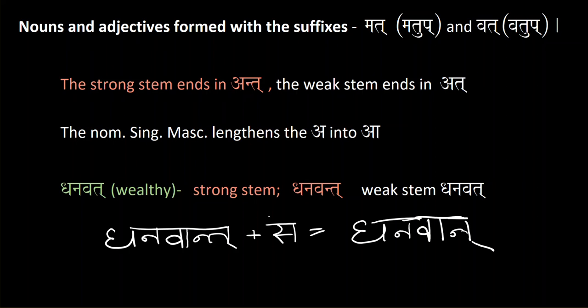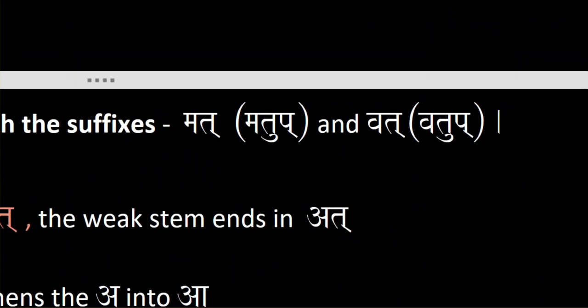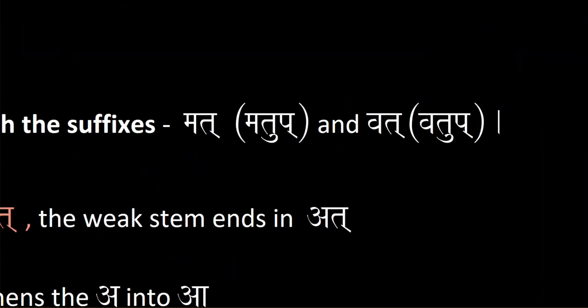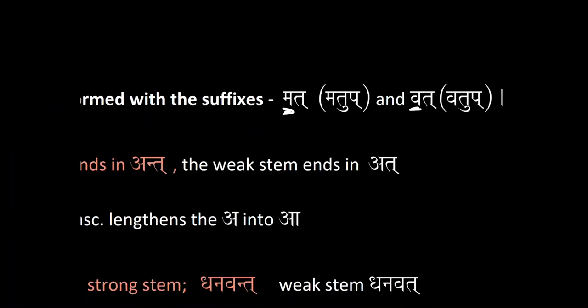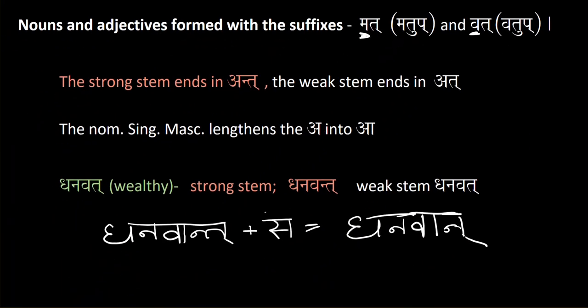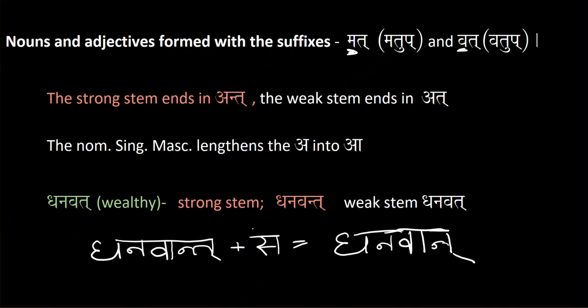And this video is just to let you know that there's not really a difference between mat and vat, except that there's a difference between what letter it starts with. It's just a difference in the letters. The rules are exactly the same. The way you form the stems is exactly the same. It's only a difference in those two letters.